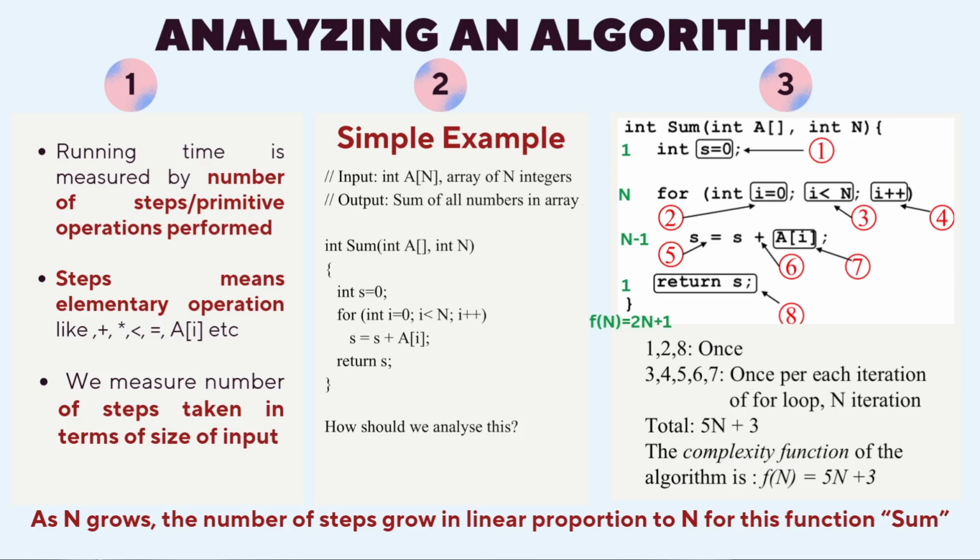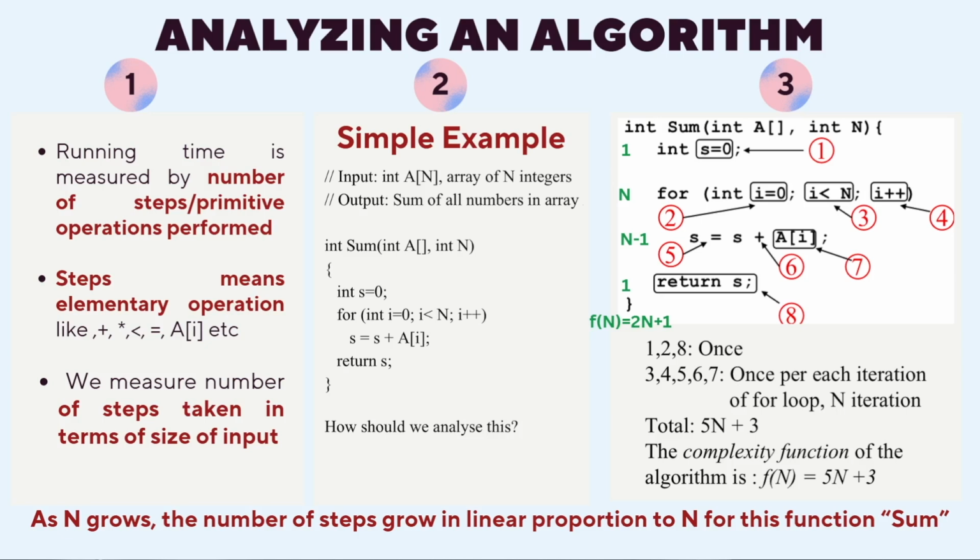Of course, you could notice that the first statement int s is equal to 0 is outside of the loop, and that statement will get executed only once. And we have a for loop, and the initial assignment, that is i equal to 0, as well as the final statement, that is return, those get executed only once.